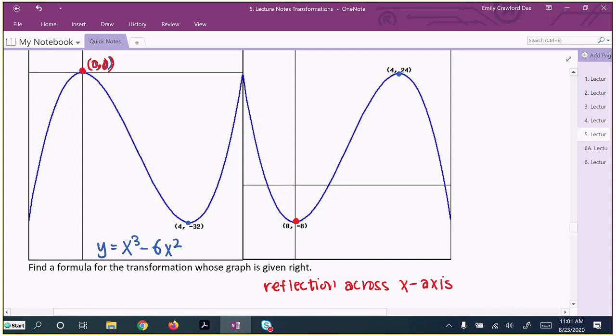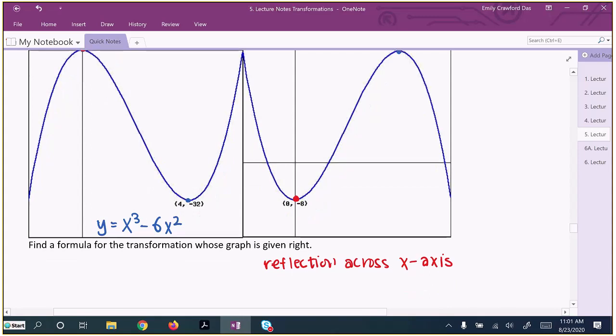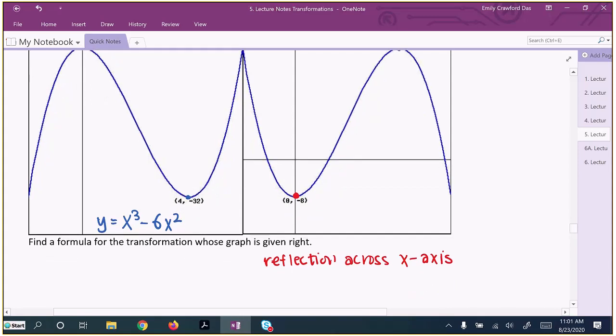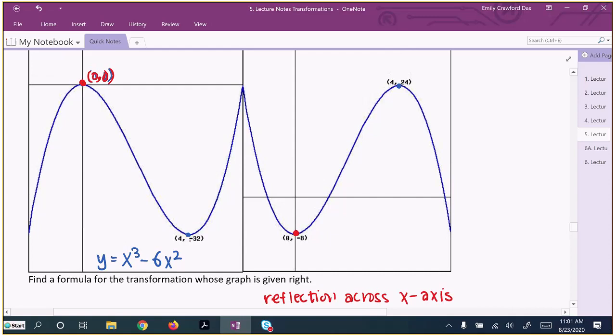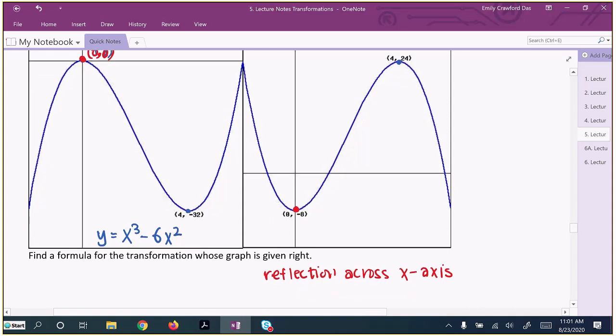Then I want to think about how the coordinates change to see whether I have vertical or horizontal shifting. The point 0, 0 was transformed to the point 0, -8. So the x-coordinate didn't change, it's still 0, but the y-coordinate changed to -8. The point 4, -32 becomes 4, 24. So again, the x-coordinate clearly didn't change, but the y-coordinate changed.